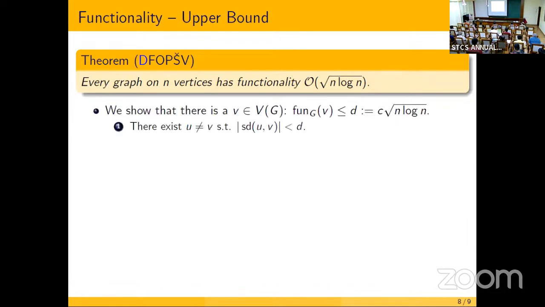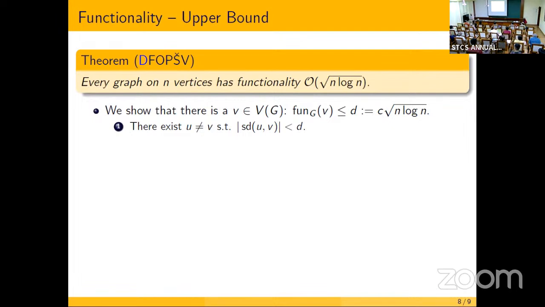So we show that in each graph there is a vertex of functionality at most square root n log n. We distinguish two cases. The first case is there is a pair of vertices such that their symmetric difference is at most d, where d is square root n log n.